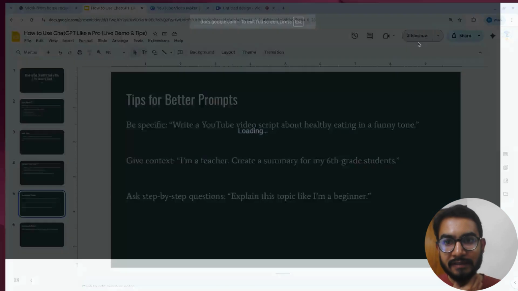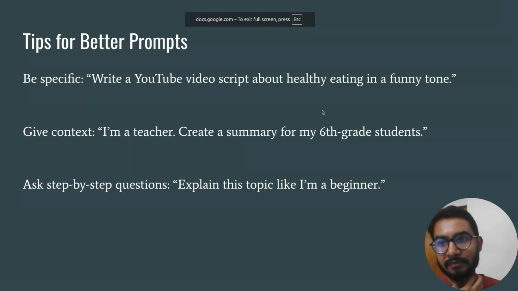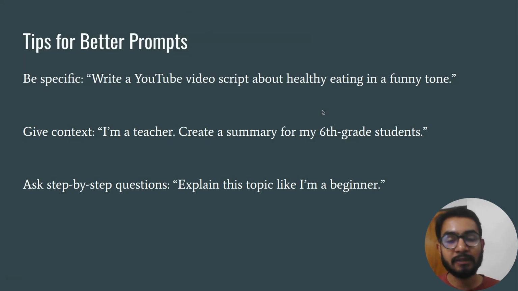And here are some tips for better prompts. As I already said, you need to be specific. If you write non-understandable context, or something that is not grammatically correct, you might not get a better result from ChatGPT.